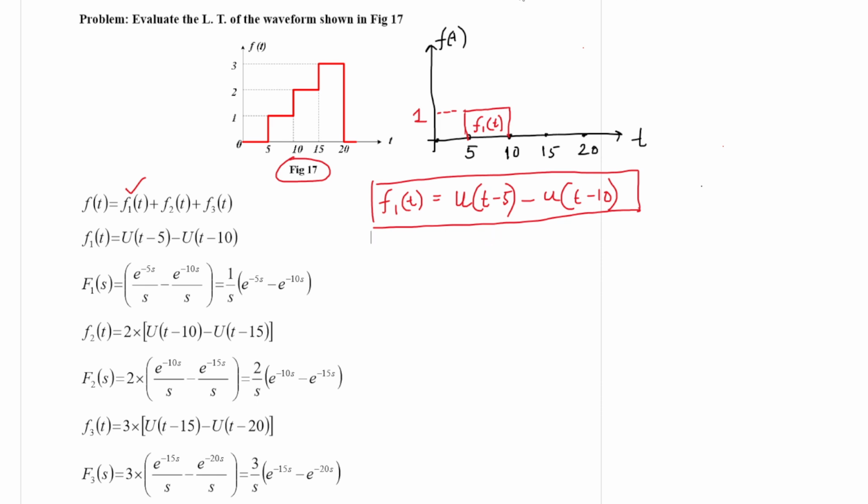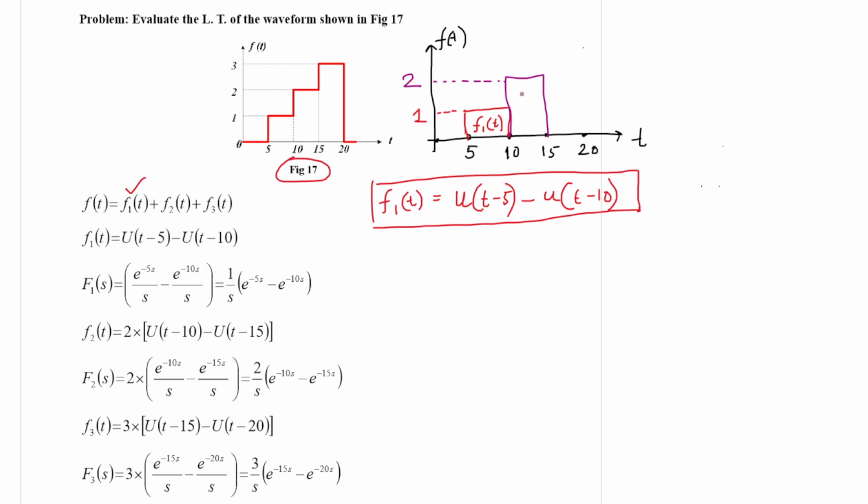Now if we consider the second time zone, which is from 10 to 15, if you consider this as the function, again it is a gate function, but this time we have a magnitude 2.